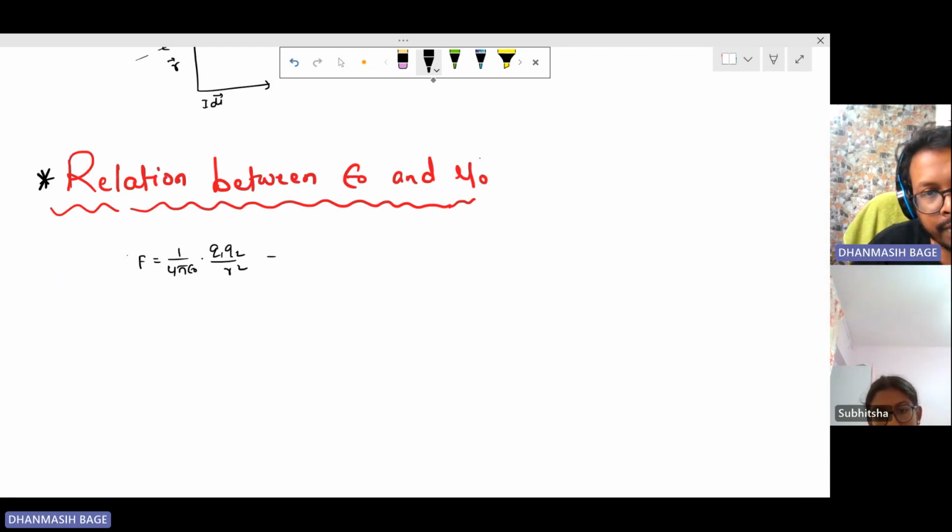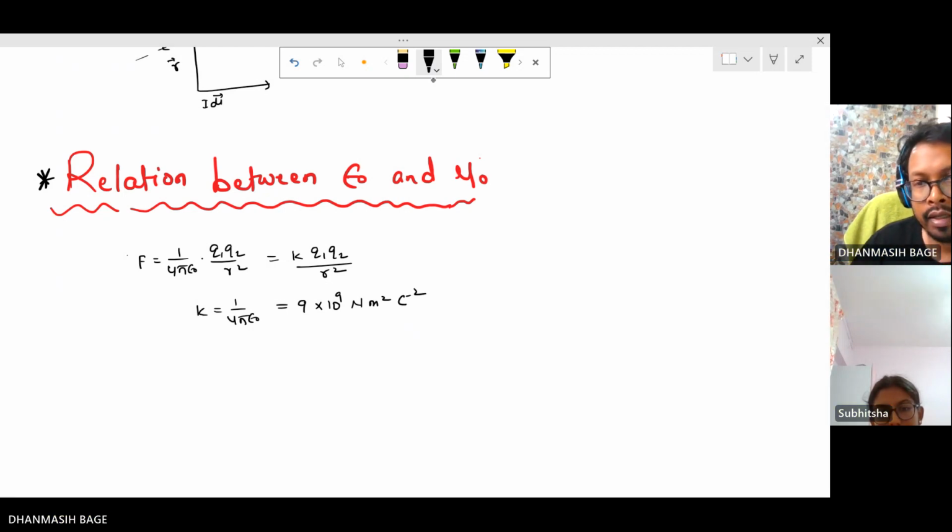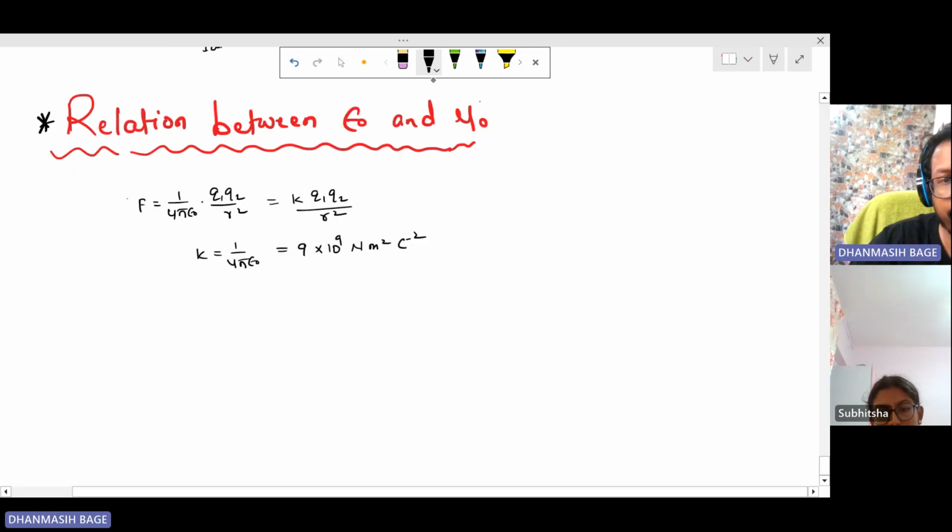Or we could have simply written k q1 q2 by r square, where k is equal to 1 by 4 pi epsilon naught, that is equal to 9 into 10 to the power 9 Newton meter square per coulomb square. This thing you already know.